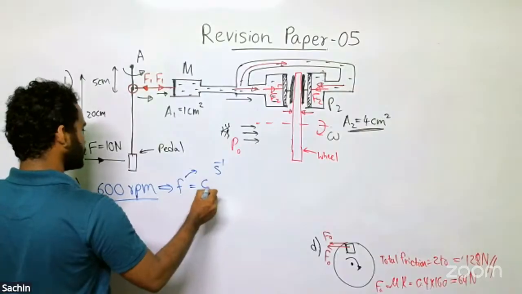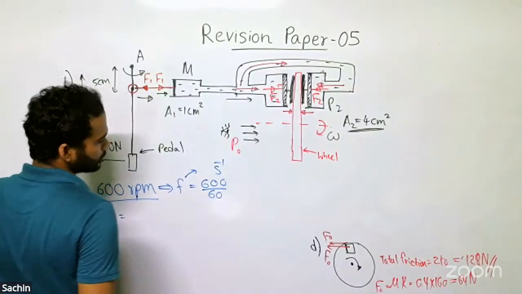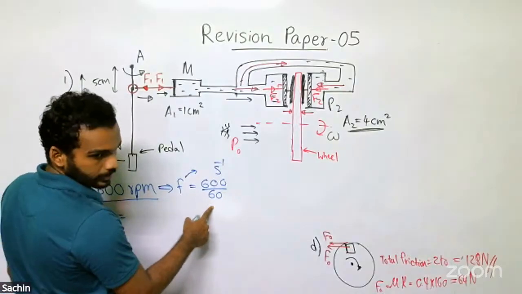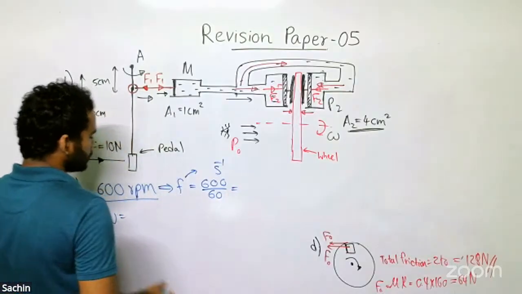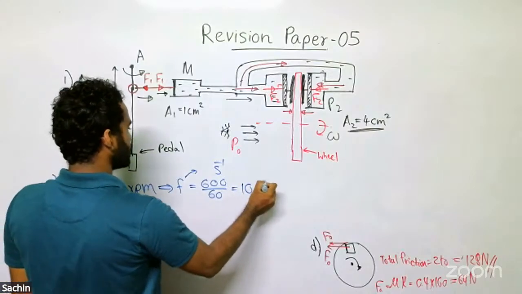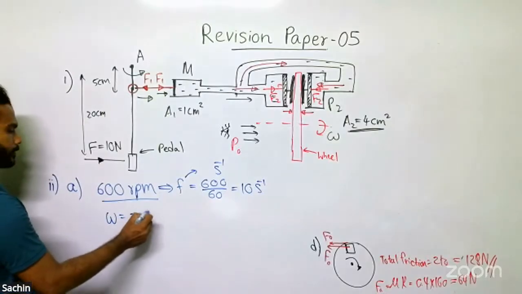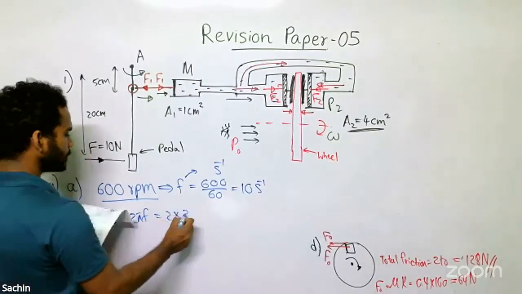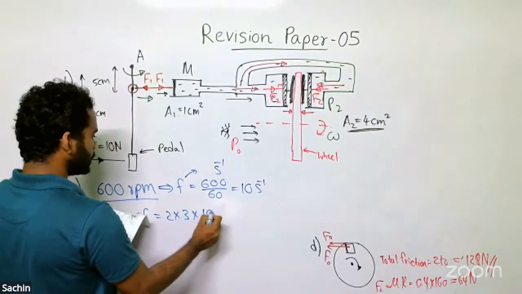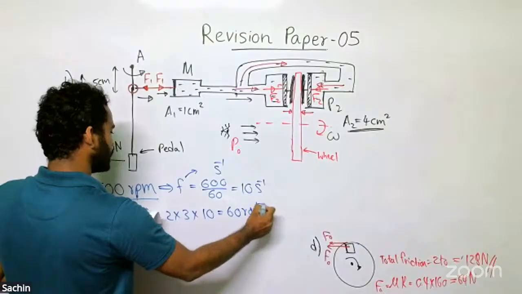For a minute, for a second, it is 10 per second. So omega equals 2 pi f, 2 times 3 times 10, that is 60 radians per second.